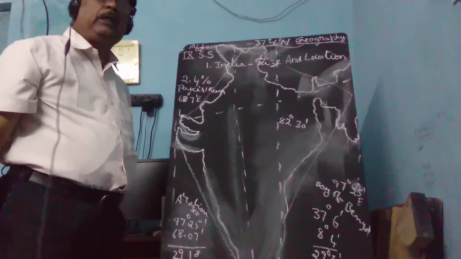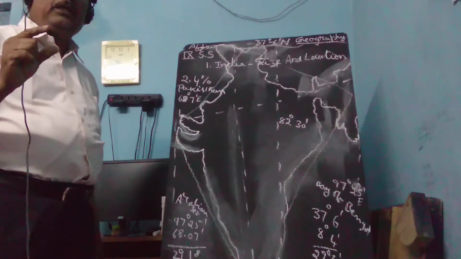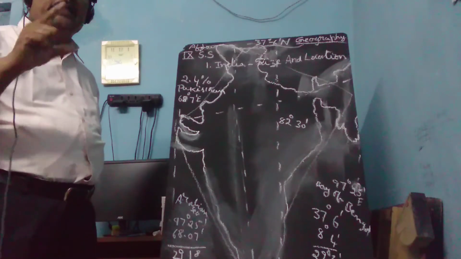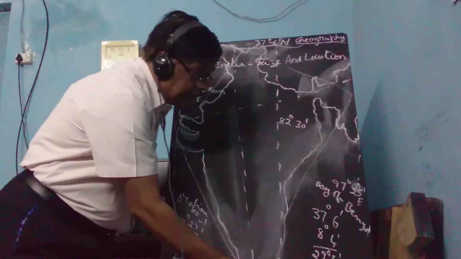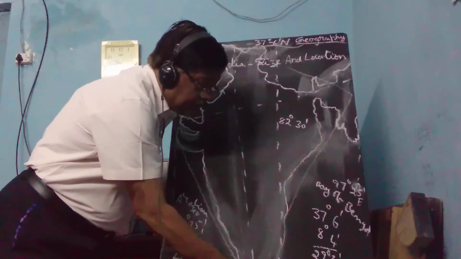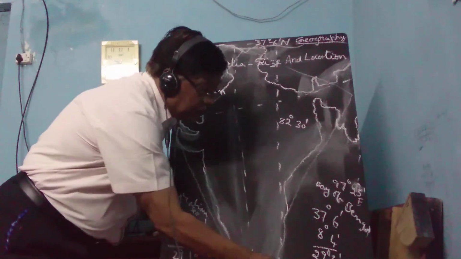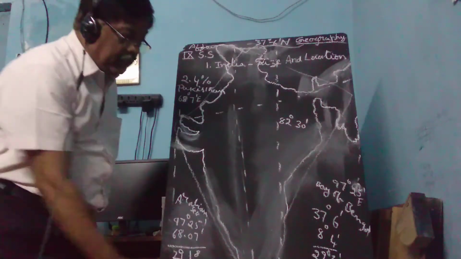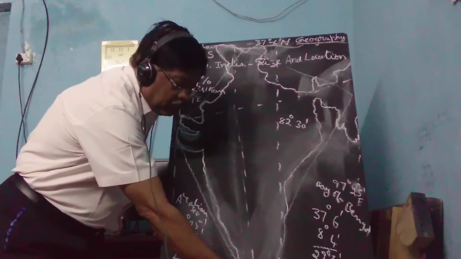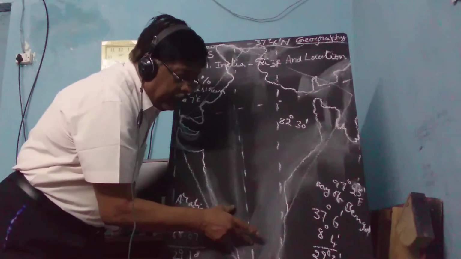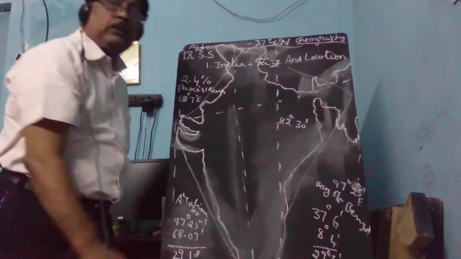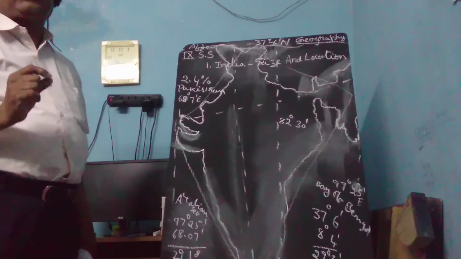What is a strait? A strait is a narrow arm of sea. This is the Indian Ocean, and a narrow neck of water is dividing India and Sri Lanka here. This is called the Pak Strait.